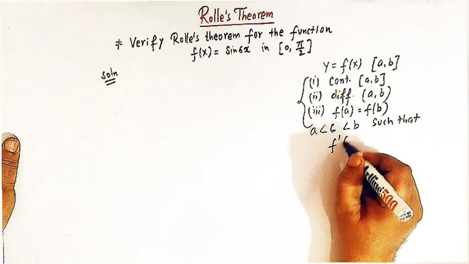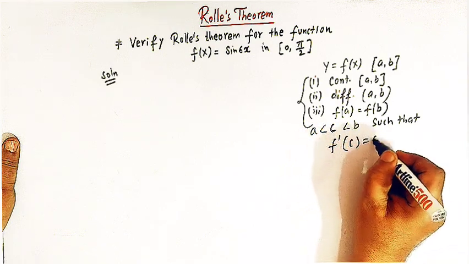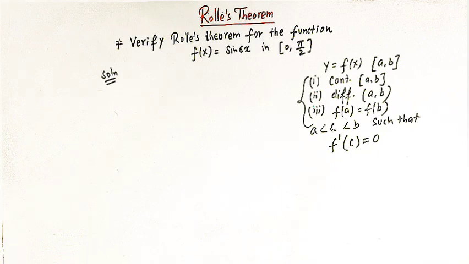So it implies that f prime of c is equal to 0.